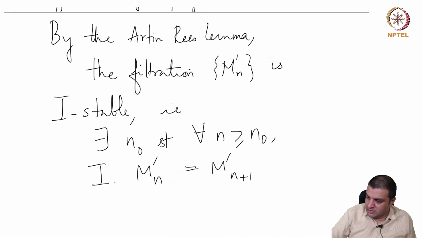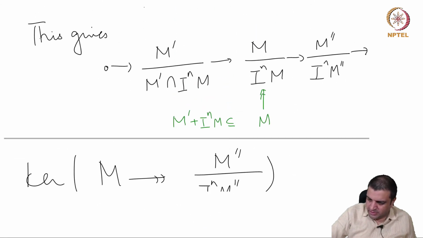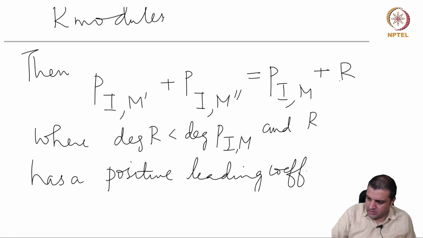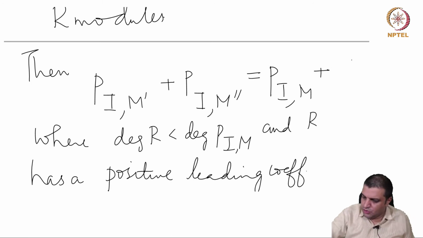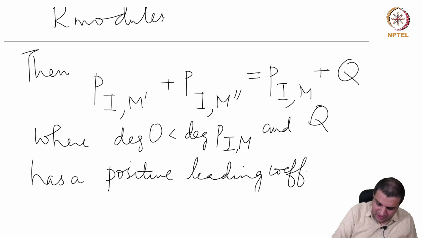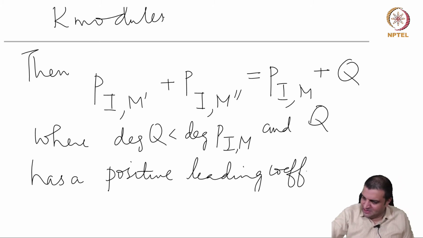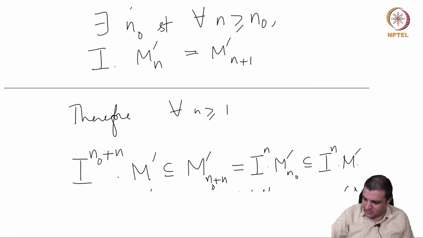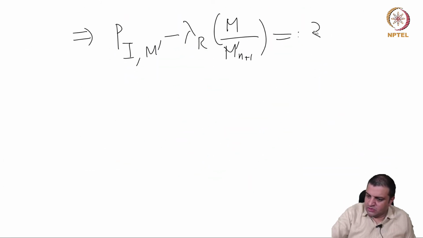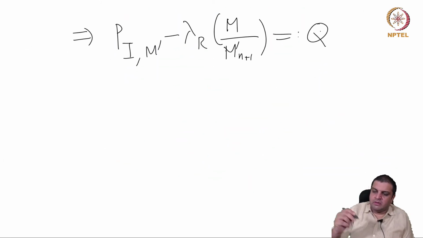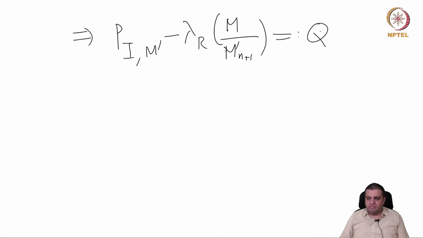Sorry, maybe I should use some q here, because r was also the notation for the ring, although it's not ever used afterwards. Okay, so this is the polynomial q that we asserted exists.